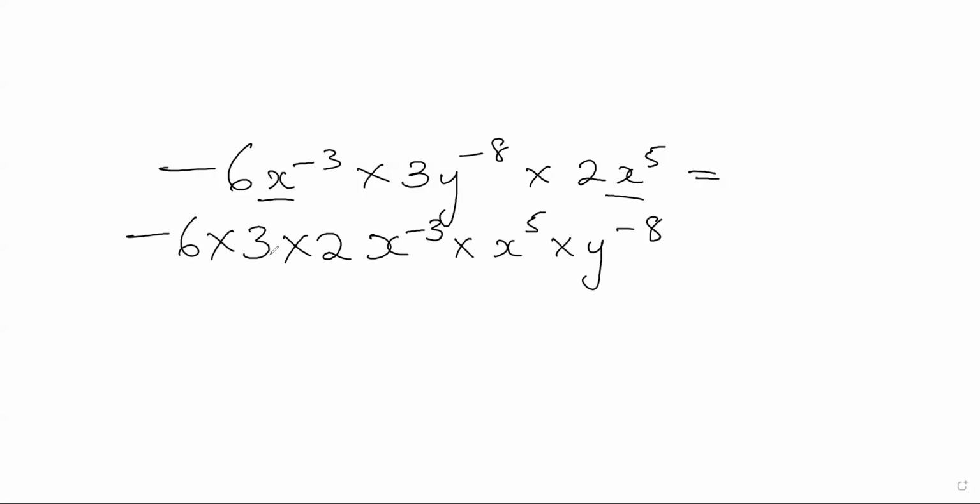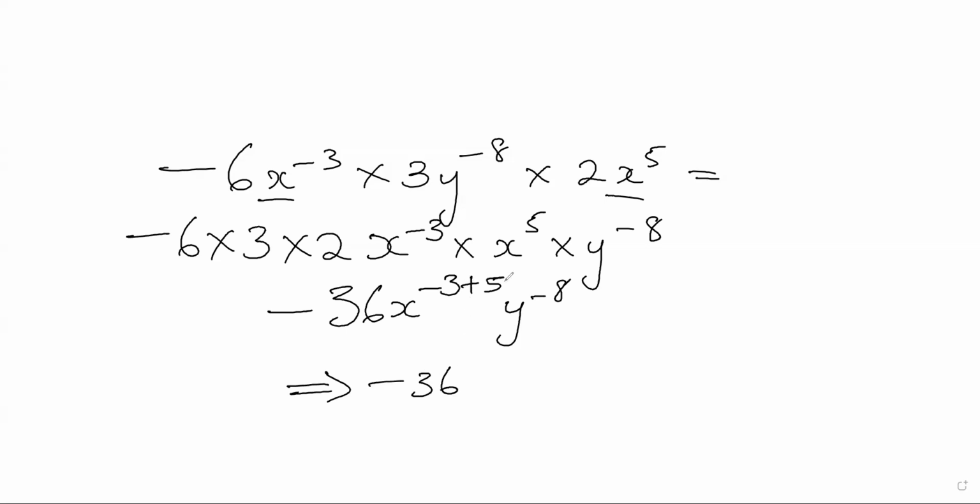So 6 threes, 18, so that's minus 18 times 2, minus 36. Group the x's now, so negative 3 plus 5, and of course y to the minus 8. So this works out to negative 36. This works out to positive 2. The 5 is bigger, so this is x squared, and of course just y to the minus 8.